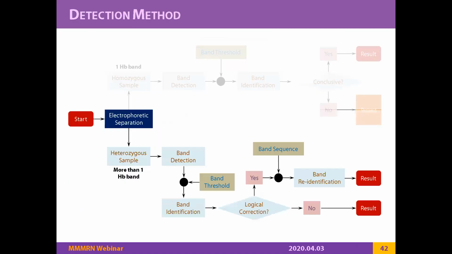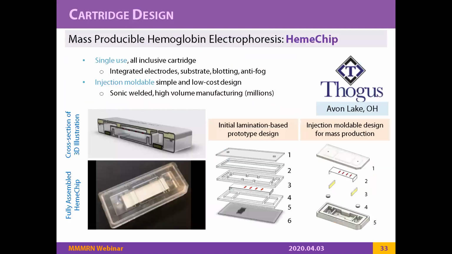Okay, let me quickly go to that slide. I believe it was here, right? So we actually use a very thin layer of double-sided adhesive. Once you apply that adhesive and apply pressure on the whole assembly, it remains air and watertight up to some pressure.